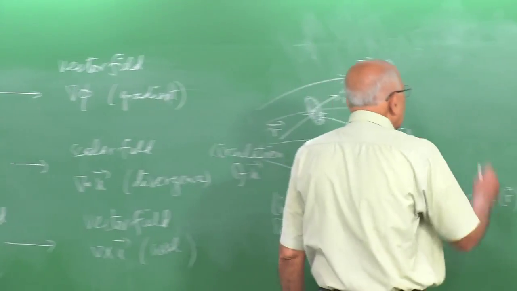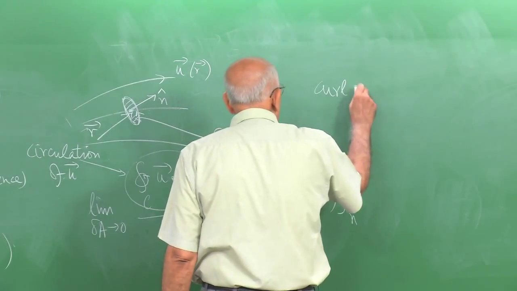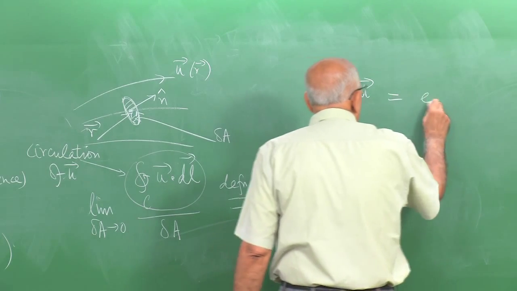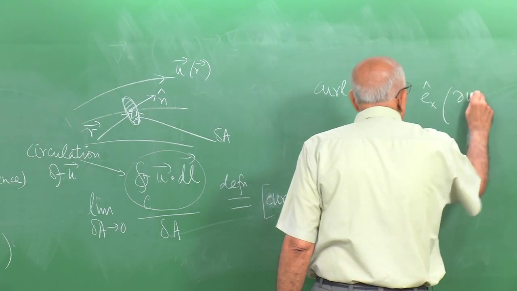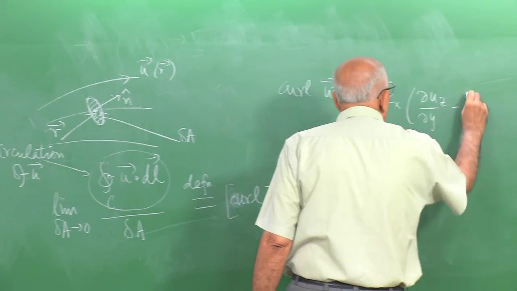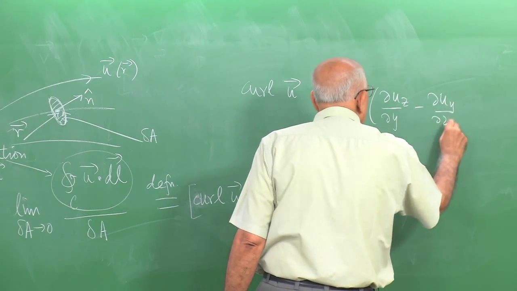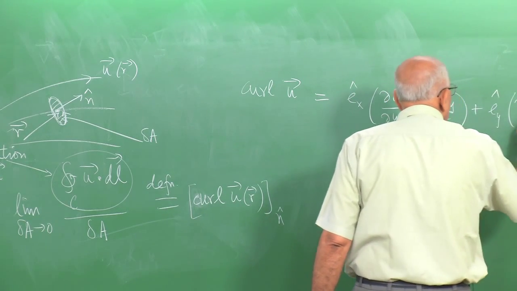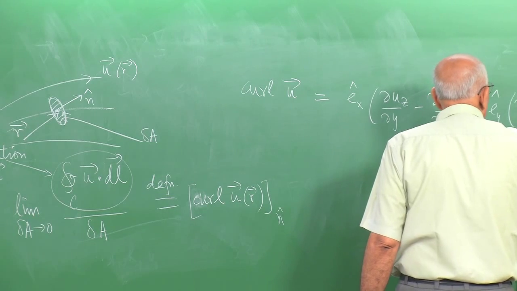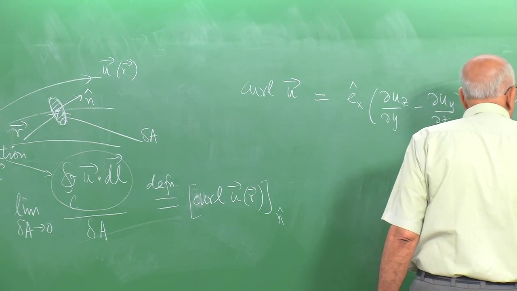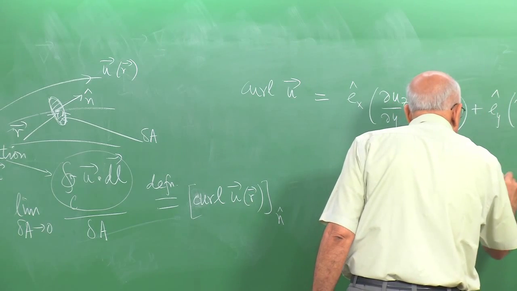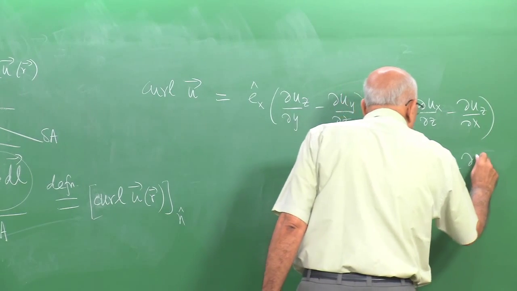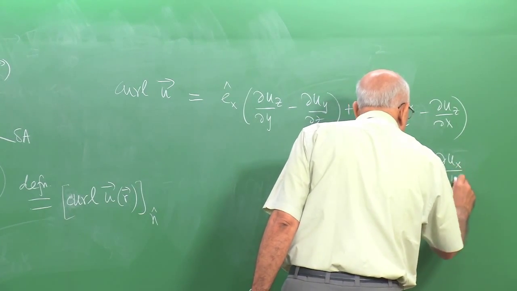For example, it turns out that curl u in Cartesian components is equal to Ex times (delta u_z over delta y minus delta u_y over delta z) plus Ey (delta u_x over delta z minus delta u_z over delta x) plus Ez (delta u_y over delta x minus delta u_x over delta y).